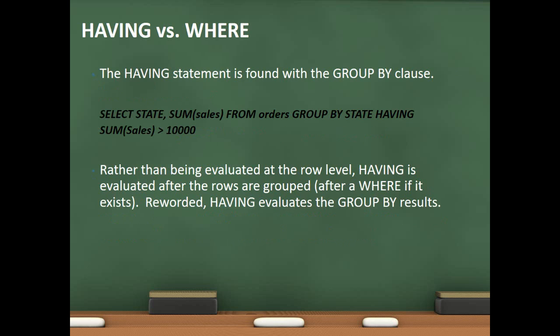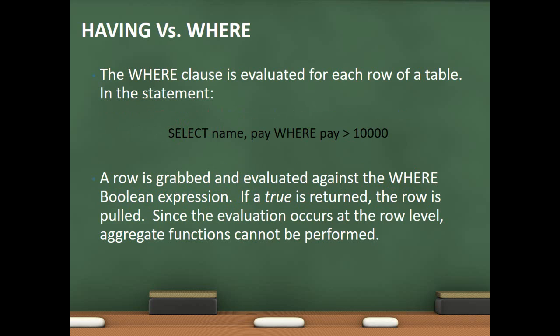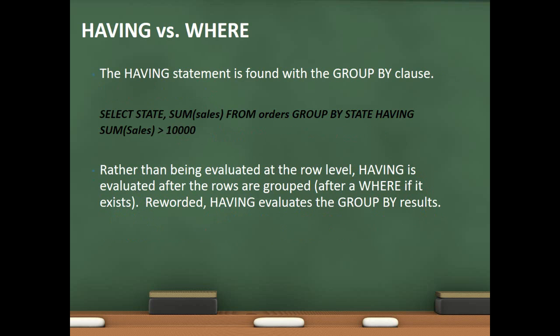We've talked a little bit about this one already. The having statement is found with the group by clause. So you're never going to have a having statement, as you saw on this one, without a group by statement. The group by and the having statements have to go hand in hand. And what you're going to also find is the having statement will use one of the aggregate functions that were included within your select statement up above.